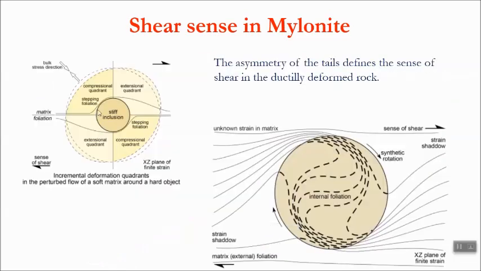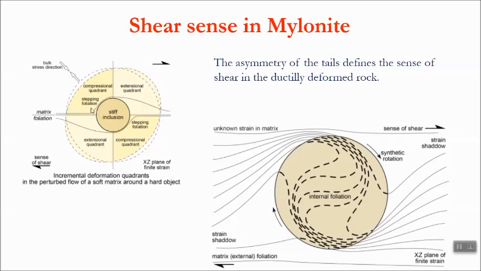Another interesting thing we have seen in the shear zone are the porphyroclasts. We have also seen that these porphyroclasts have some tails. Now from this porphyroclast, we can find out which are the directions of compression and which are the directions of elongation.